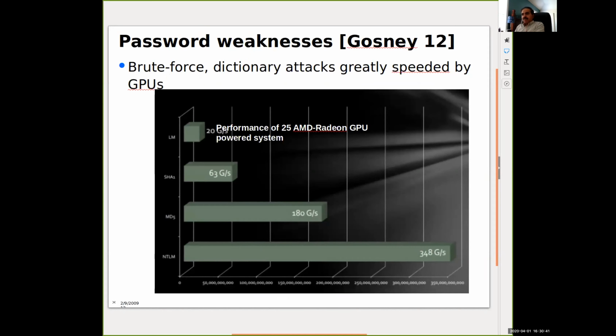So there are a couple of things that are done in order to make these brute force attacks difficult, especially on this sort of a big database.